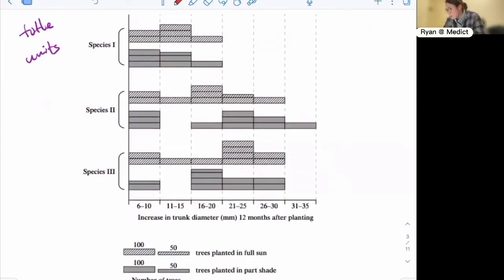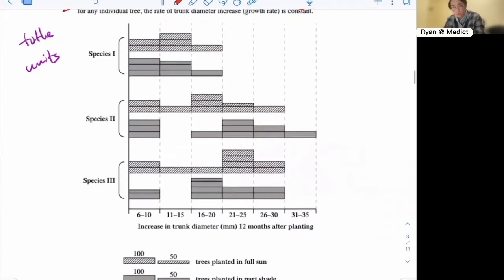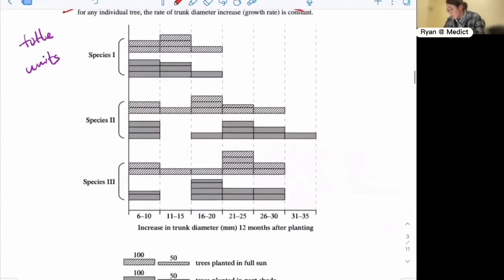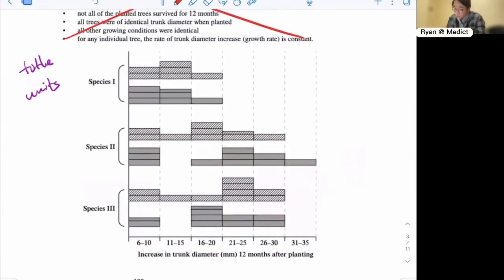However, it's not the same as ignoring the text and then jumping straight to the question. Because for all graph-based quantitative reasoning questions, you have to make sense of the graph, right? In this case, I said the two most important things are the title and the units.